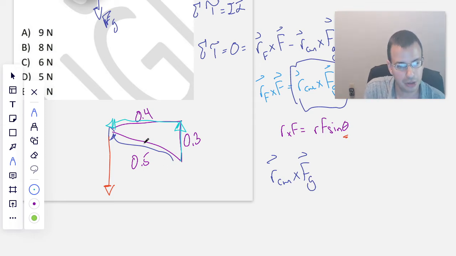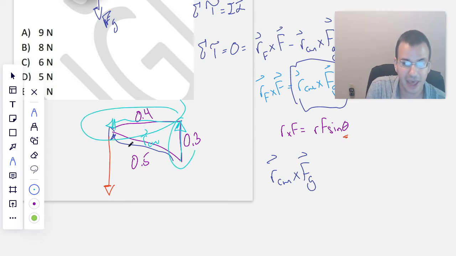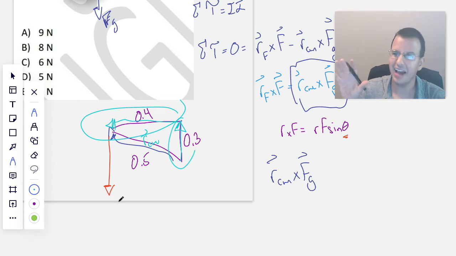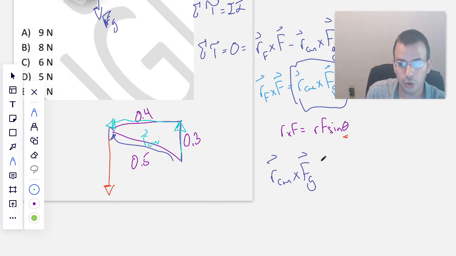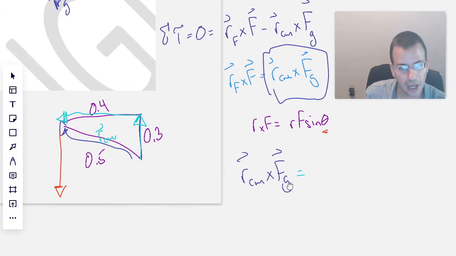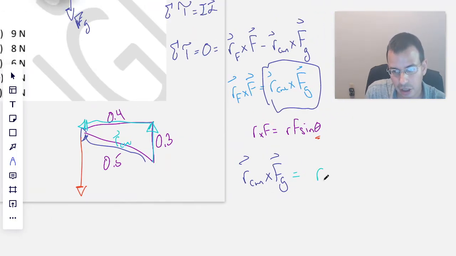So instead of doing a cross product of this, we're going to do the cross product of this versus force gravity and the cross product of that of force gravity. It sounds complicated, making it sound harder than it actually is. So I'm going to write this as RCM. I'm going to do two little parallel lines here to show this is just the parallel portion.